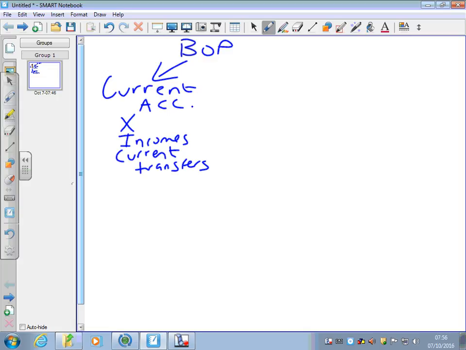So this would be the imports of goods and services, the foreign incomes that flow back out of Britain, so people across the world have got investments in the UK economy, and then you have current transfers, so aid leaving the UK economy. So the UK has, there or thereabouts, about an £80 billion deficit on this. So we are talking probably something in the line of about 5% of GDP.